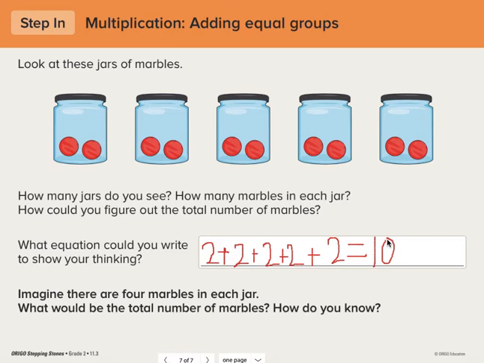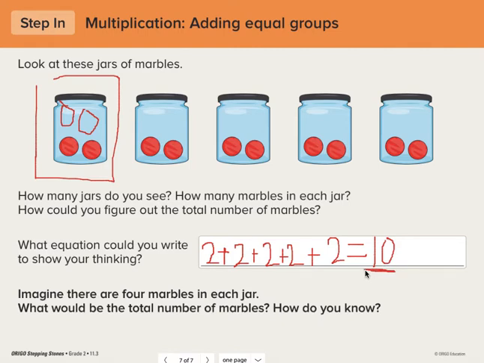Before we start to count by fours, I want you to think about this. Is 4 double 2? It sure is, right? Double 2 is 4. So if we take 1 jar and we double the amount of marbles in that 1 jar, if we double all of the jars, what will happen to our answer?